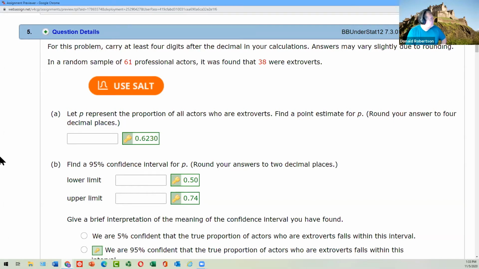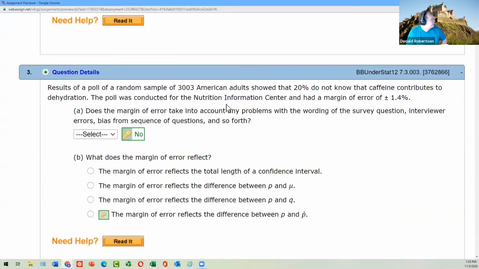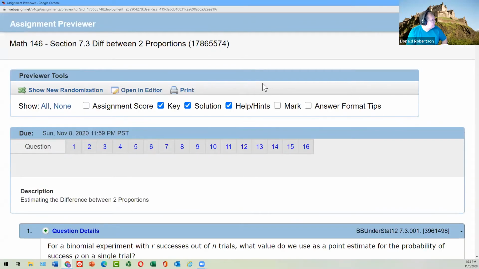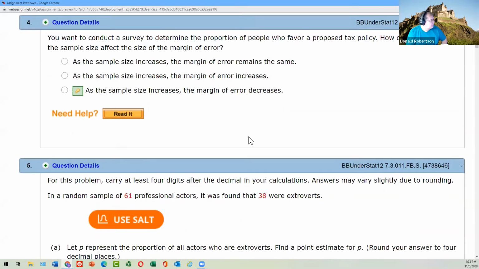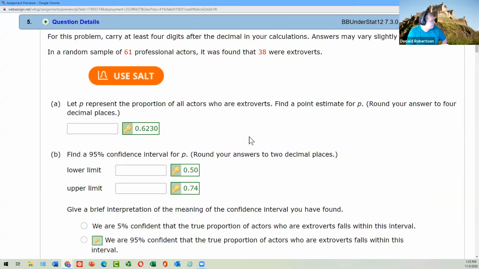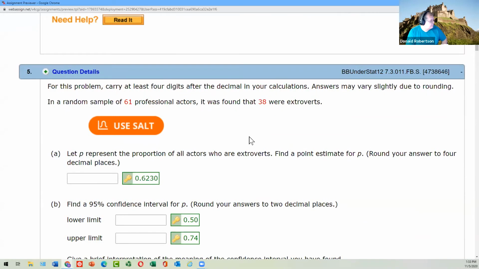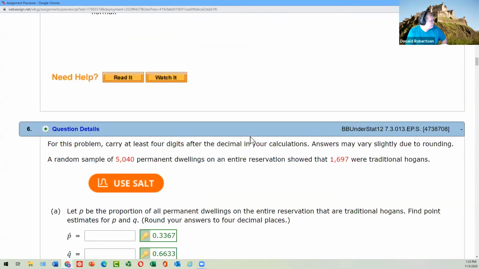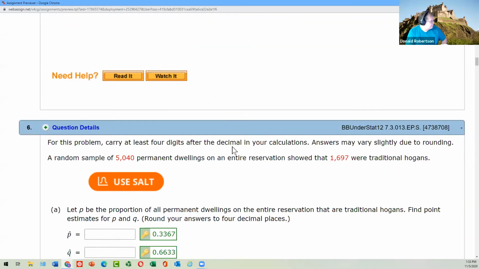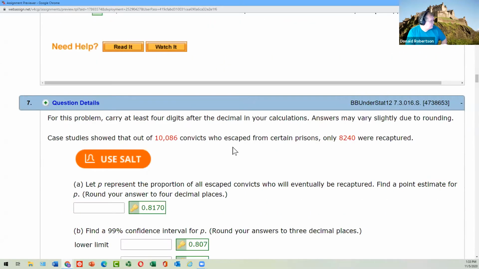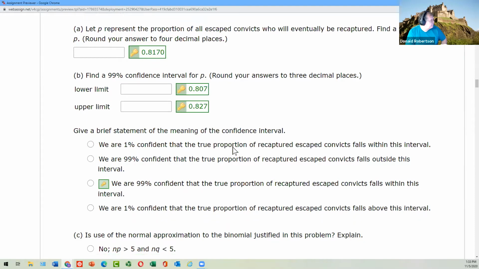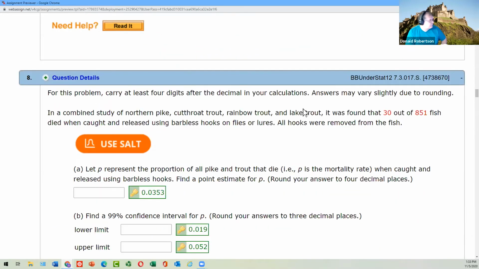Hey, am I on the right one? I bet you I'm not. What the heck's going on?